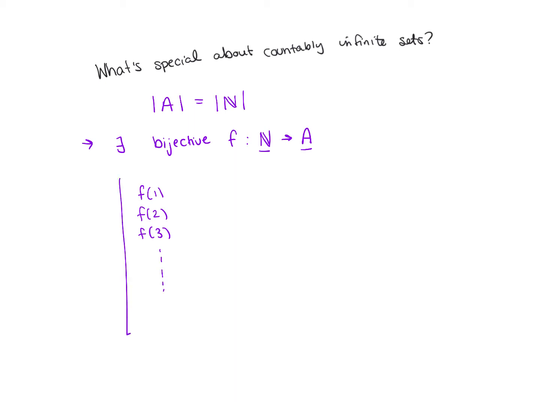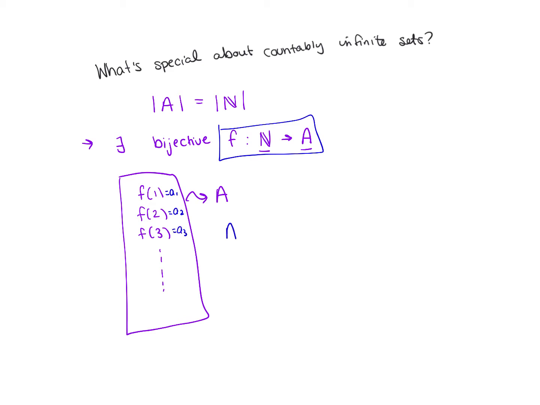And if I take that entire collection, that will give me all of A. So what we usually do is we think of f of 1, the image of 1 under this bijection, as our a sub 1, f of 2 is our a sub 2, this is our a sub 3. So if A is countable, then I can write it out as a sub 1, a sub 2, a sub 3, and so forth, in a way where I get every single one of the elements of A.